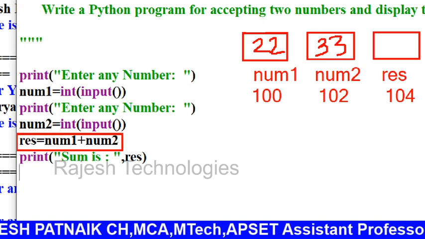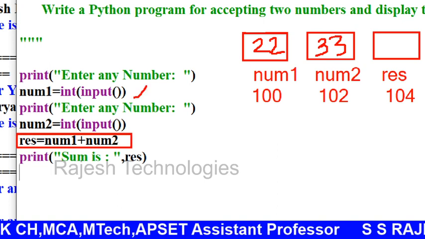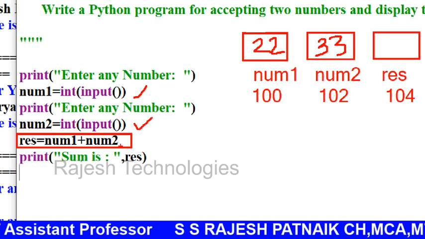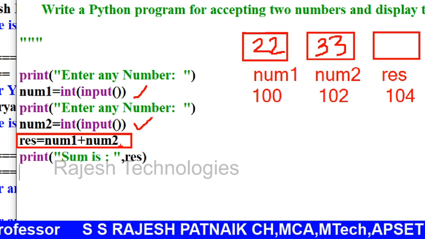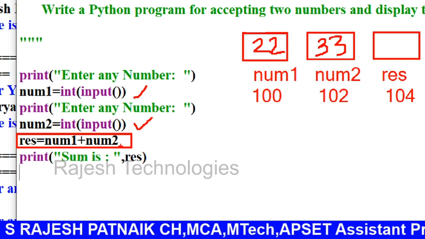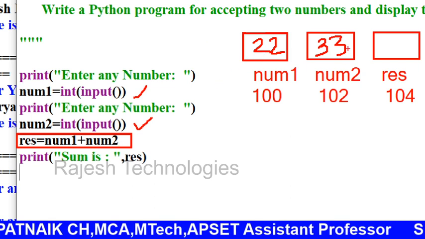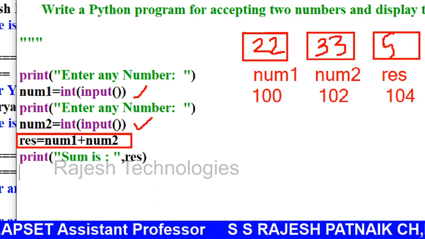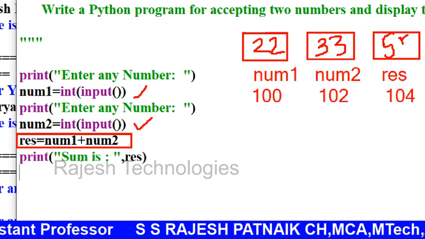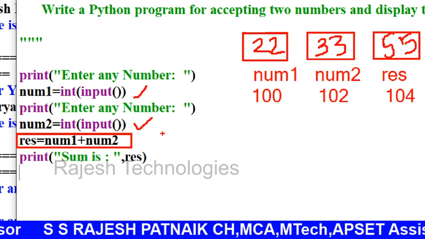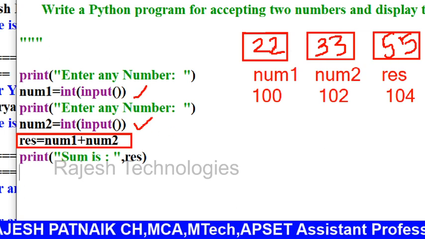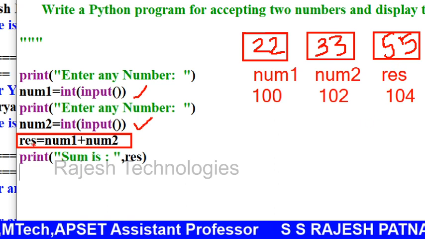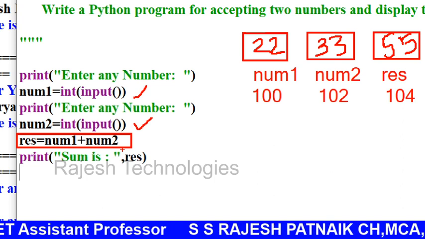After inputting this one and this one, it will store the num1 memory plus num2 memory, that is 22 plus 33. The result is 55. Result equals to num1 plus num2.